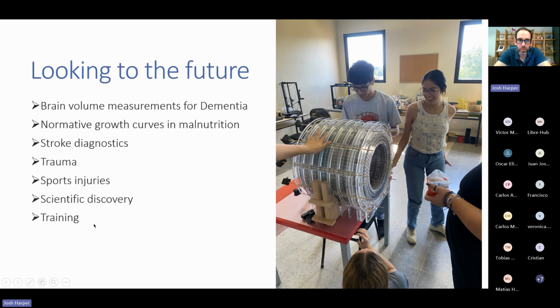And then one of my favorites, which is training, which is why I've included a picture of some of my students helping to build the system. And I think that the act of building one of these scanners in places like UPA, where we normally wouldn't have projects at this scale, is such a great training opportunity for young engineers or young imaging scientists that in and of itself is really worth it.